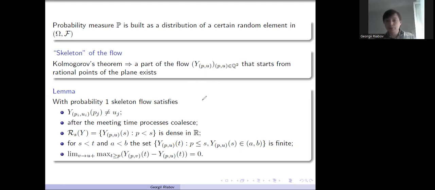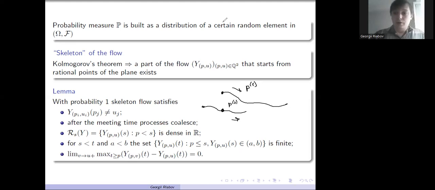Processes y_{p,u} start from all points with rational coordinates p, u, and each such process is a Markov process with a transition function p1. If we look at 2 processes, then it will be a 2-dimensional Markov process with a transition function p2, and so on.